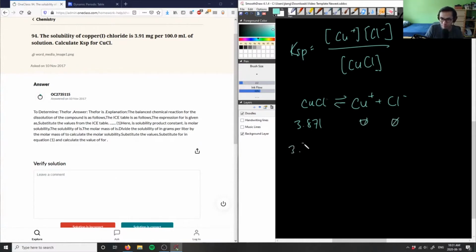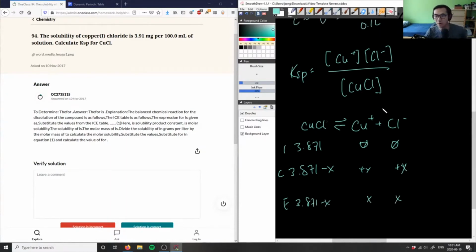So I would have 3.871 minus x, plus x, plus x, which would be 3.871 minus x, and x here. And then now what we can do is we can solve for our KSP value.